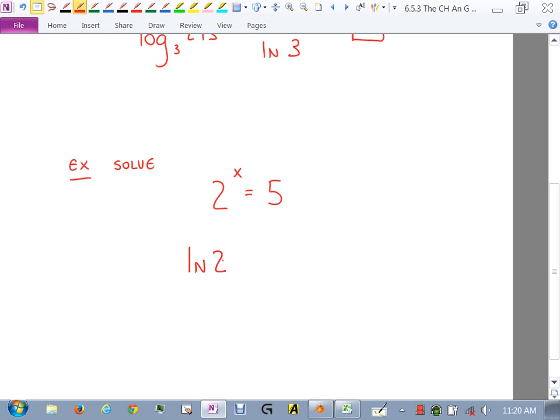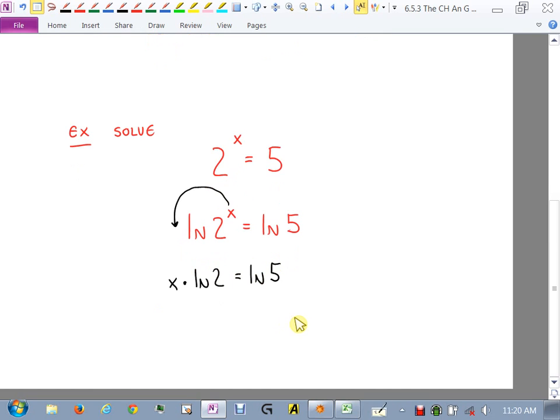Natural log of 2 to the x equals natural log 5, okay? So I've taken the natural logarithm on both sides of the equation. You with me? It's kind of like when you added something to both sides or multiplied. You're not doing addition or multiplication, you're taking a function on both sides. So what you do to one side, you do to the other. And now you're allowed to drop the x out front, and it'll become x times natural log of 2, which equals natural log 5, right?